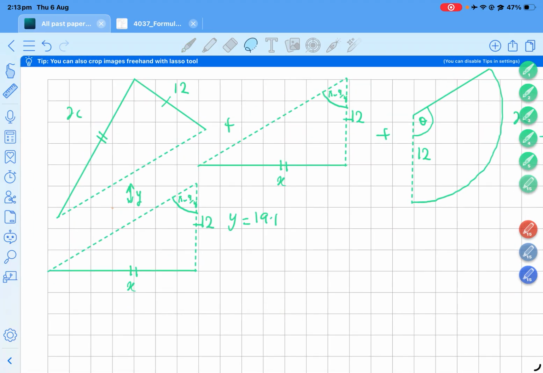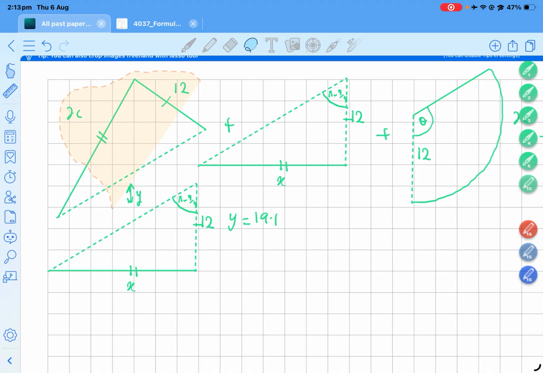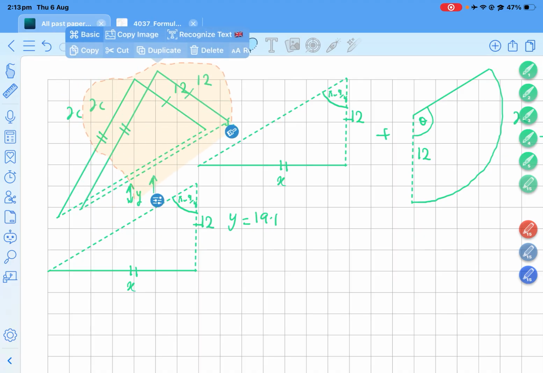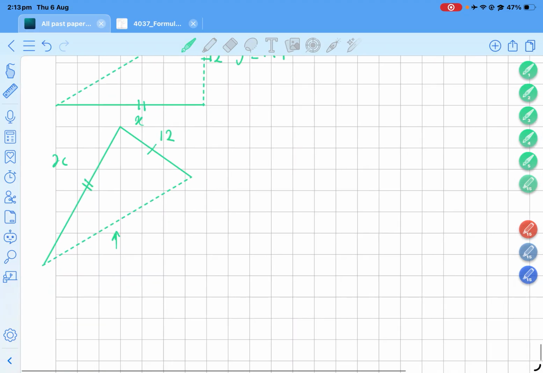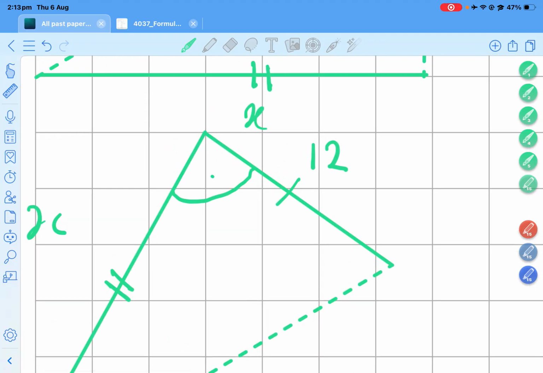So now for this triangle I know that this is y, and this is 9, and this length is 19.10. So I need to find this angle. Let's call that alpha.